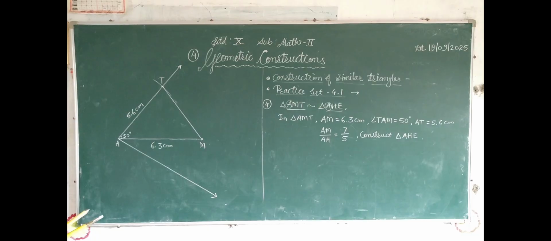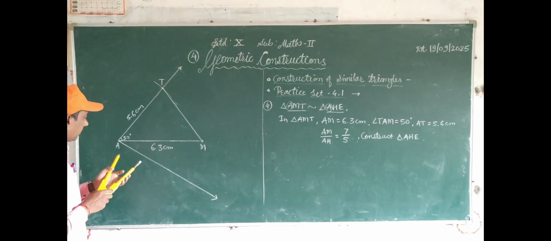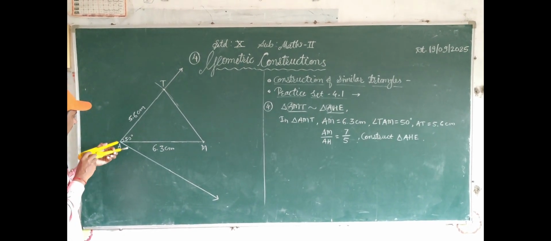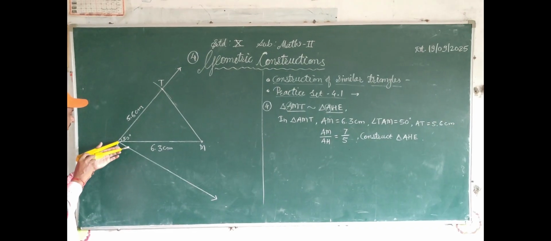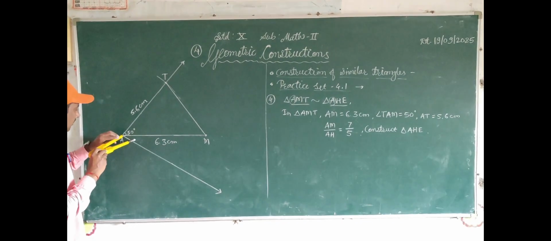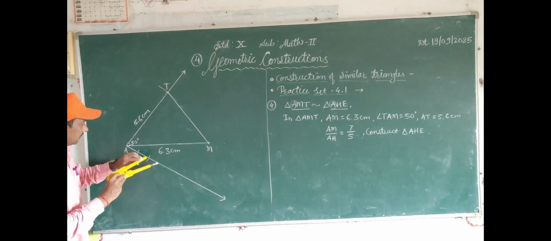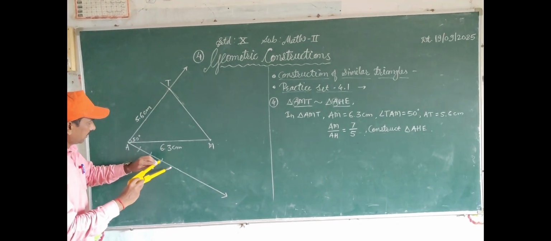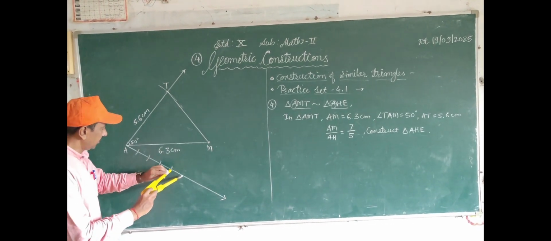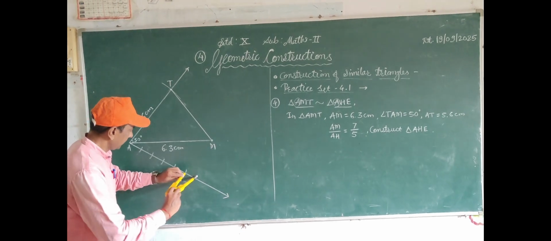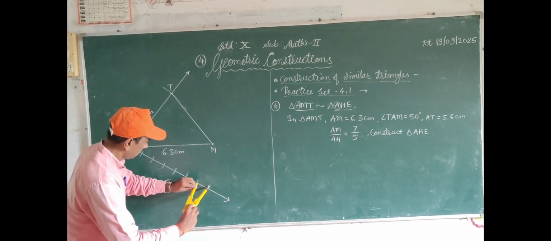Now divide the ray into 7 equal parts. Take a convenient distance, you can take 1 cm also. First part, second part, third part, fourth part, fifth part, 6 and 7.